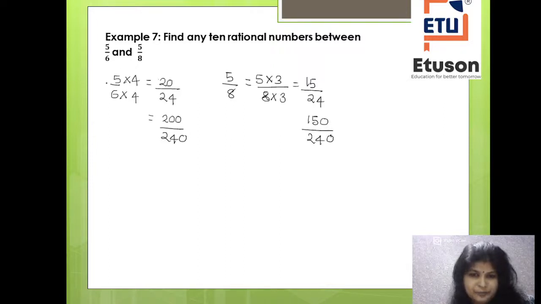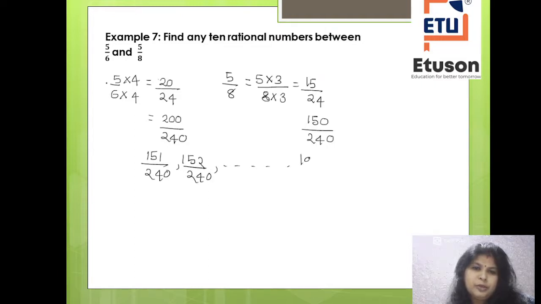Can I do that? The value remains unchanged, right? So now I have not just 10, I can write from 150 to 200. That means my numerator will go from 151 till 199, correct or not? So the rational numbers will start from 151 by 240, 152 by 240, so on and so forth till 199 divided by 240, correct or not?